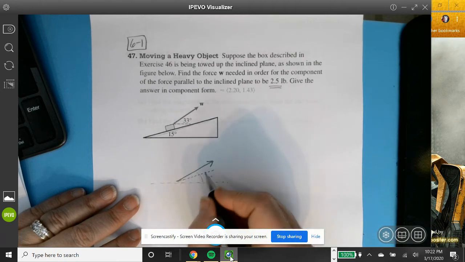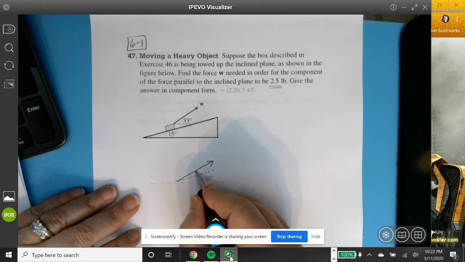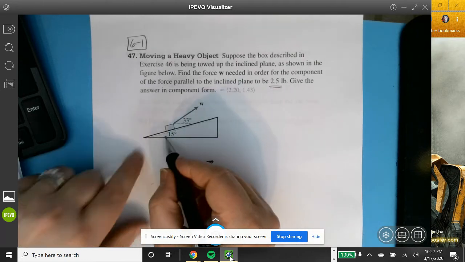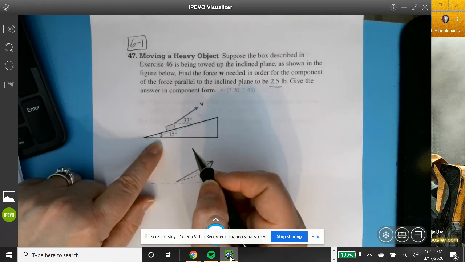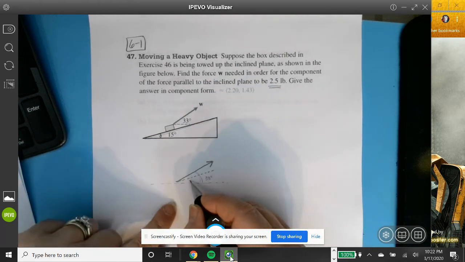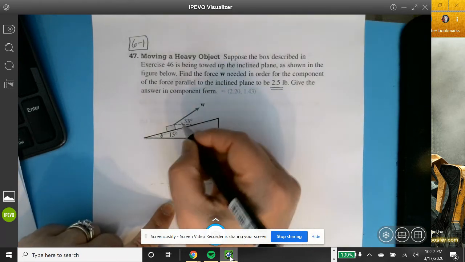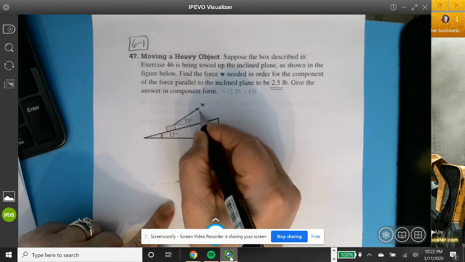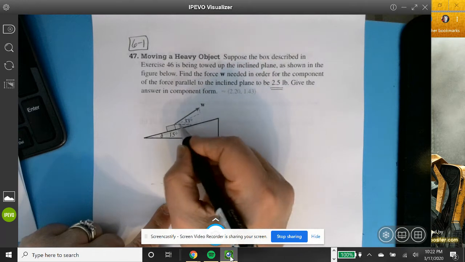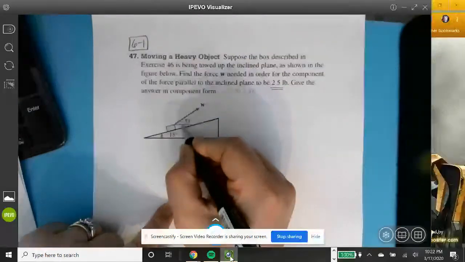All right, and if this whole angle is 33 degrees, and this is 15, guess what else is 15 degrees? Well, this is 15 degrees, because if I draw the component up here, you'll see that better. I know it's pretty small, but this is 15, and so is this.